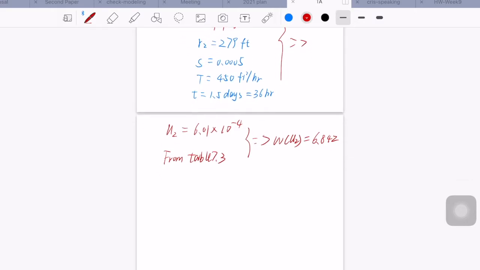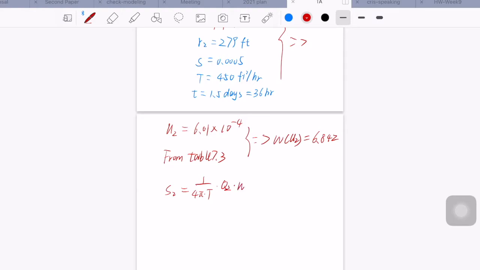And again, we know S2 should be equal to 1 divided by 4 times pi times transmissivity times Q2 times W of U2. And we know that Q2 should be equal to Q1, equal to 1660 cubic feet per hour.